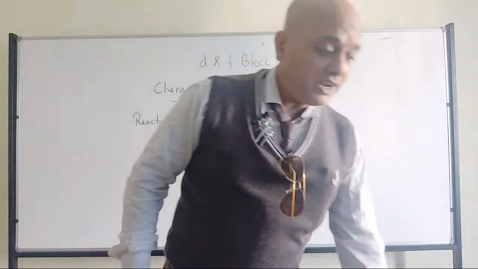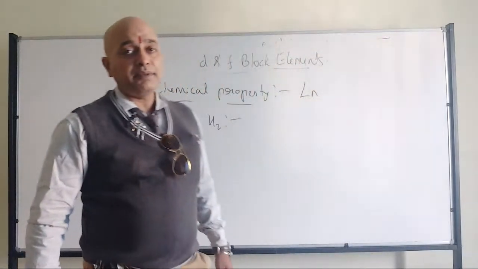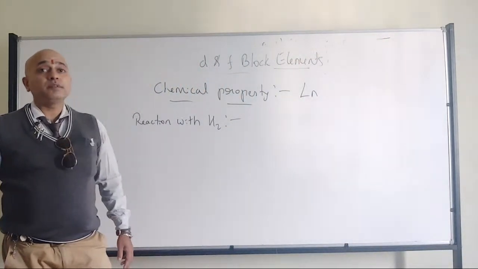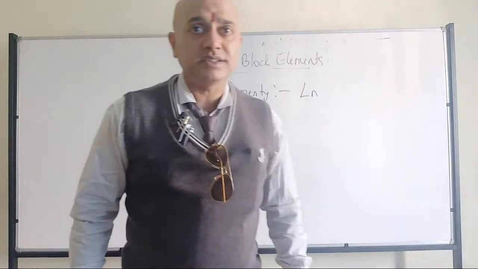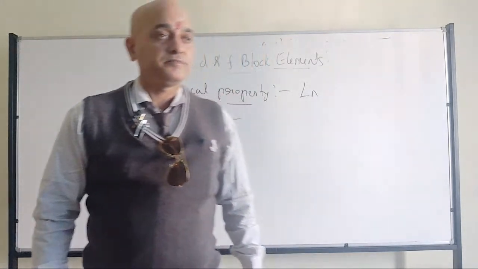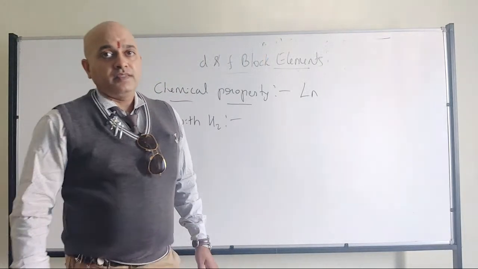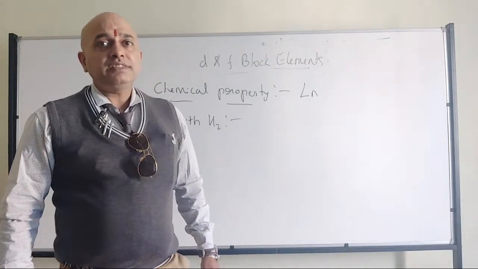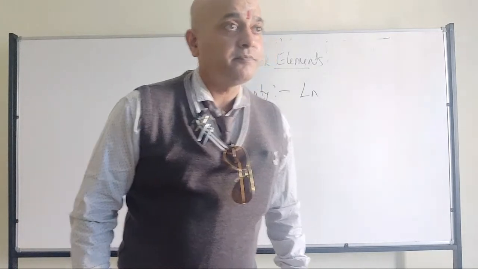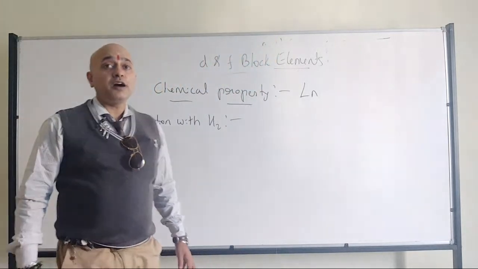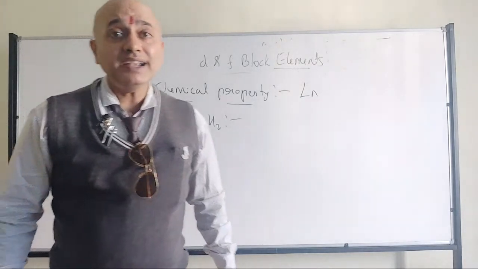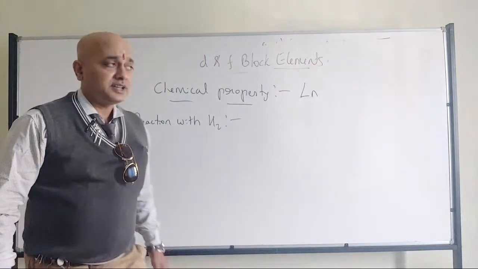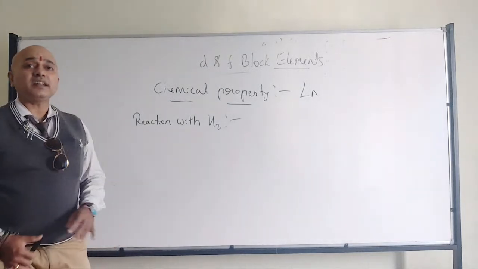Because we are talking about f-block elements, which product do you expect? Metals normally with hydrogen, what will they form? They are going to form hydrides. Mayank has given the answer. They are going to form hydrides. Naturally, the same thing is applicable here also.